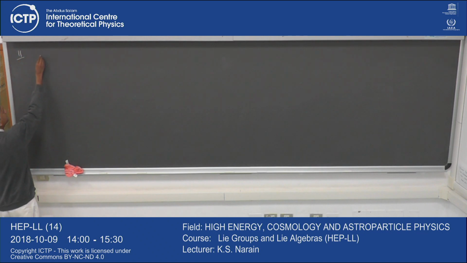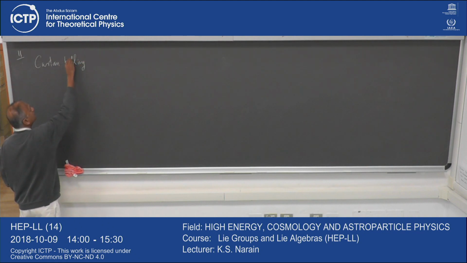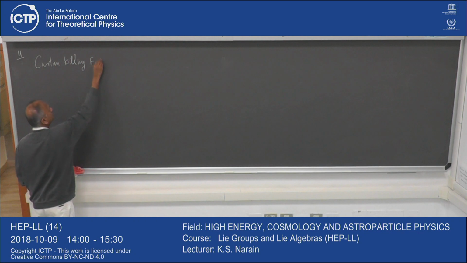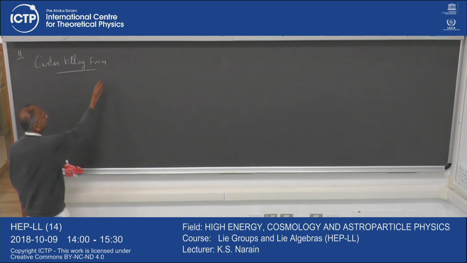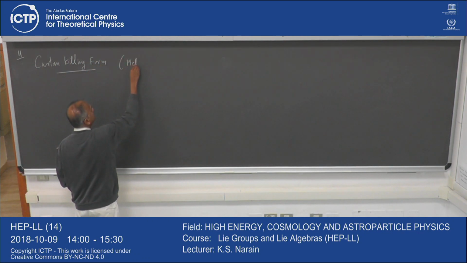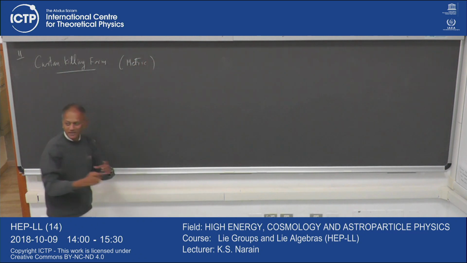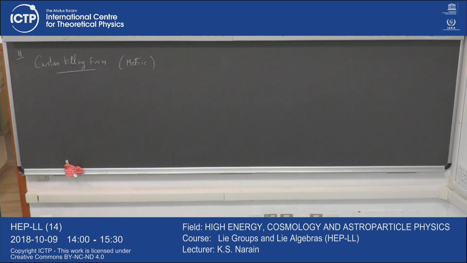And this metric is called the Cartan-Killing form. So this is basically a metric. So the notion of distance, how long, that's the metric basically, right?